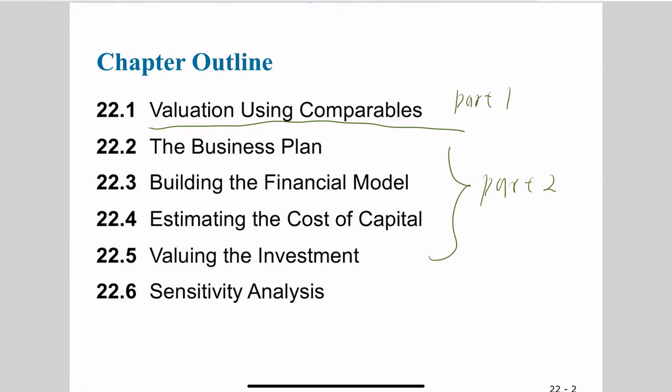Then in part 2, we will do a more formal analysis. We will come up with a business plan to improve the firm, build a financial model to estimate the cost of capital and to value the investment, and then do some sensitivity analysis. Sensitivity analysis is really a robustness analysis. You will try to understand how your analysis will change if you change your assumptions.